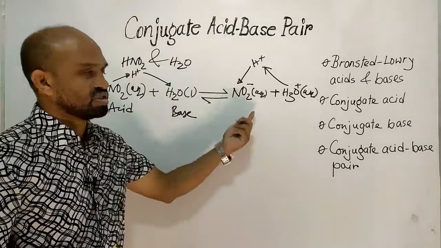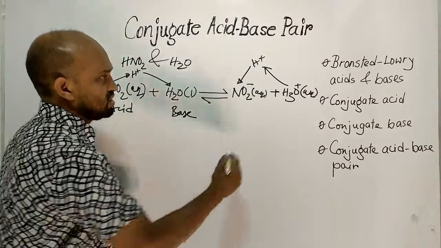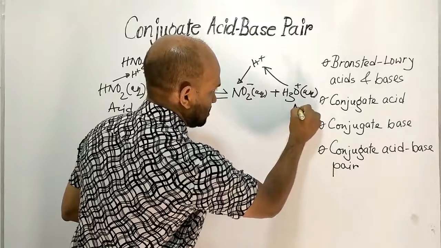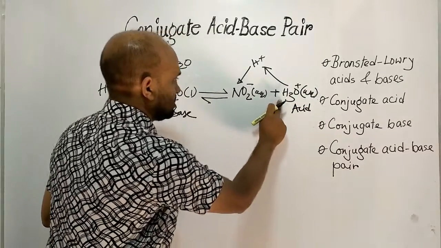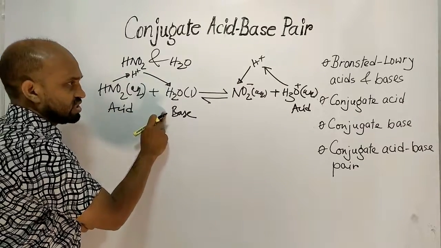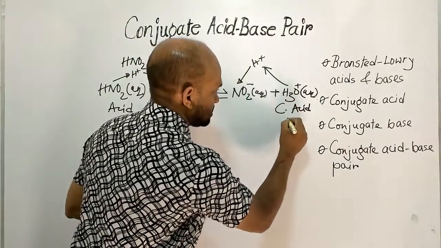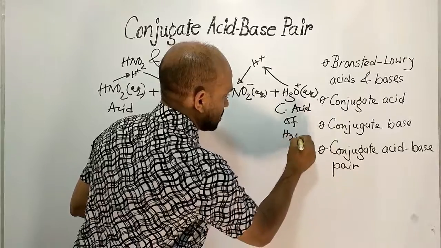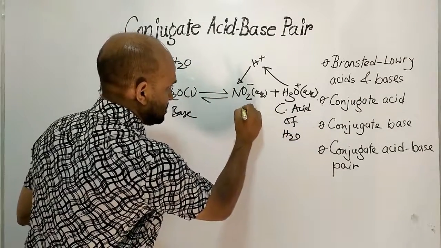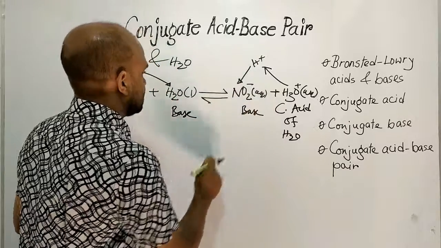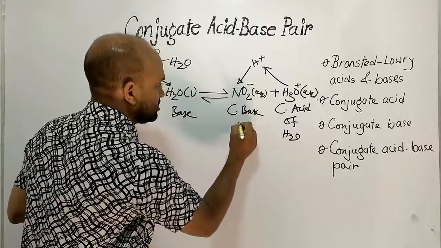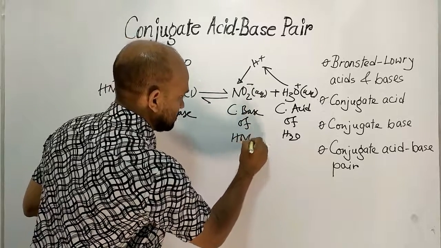And when the reaction is moving backward, this is proton donor, so this is acid, and this acid is conjugate to water, this base, so this is the conjugate acid of base water, and this base is related to this acid, so this is the conjugate base of nitrous acid.